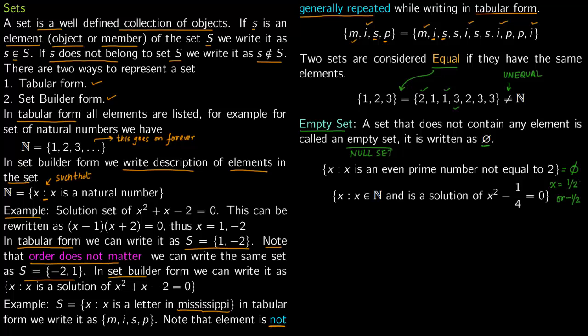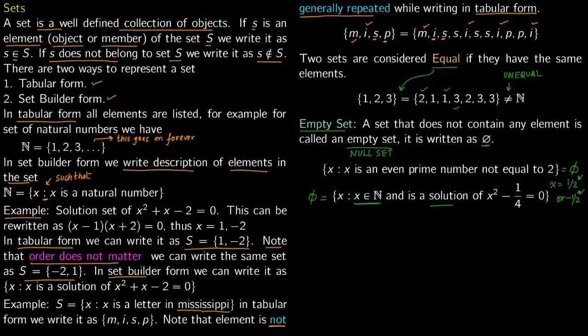But this is not a natural number, and this is also not a natural number, because natural numbers are 1, 2, 3, 4 and so on. Half is not a natural number, minus half is not a natural number. And we wanted x to be a natural number and a solution. So this is a null set.